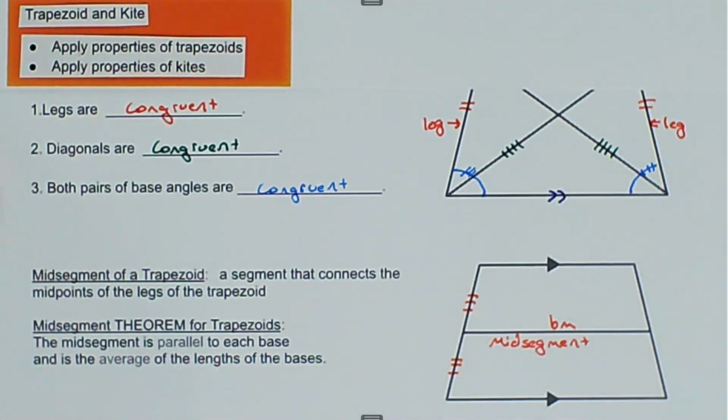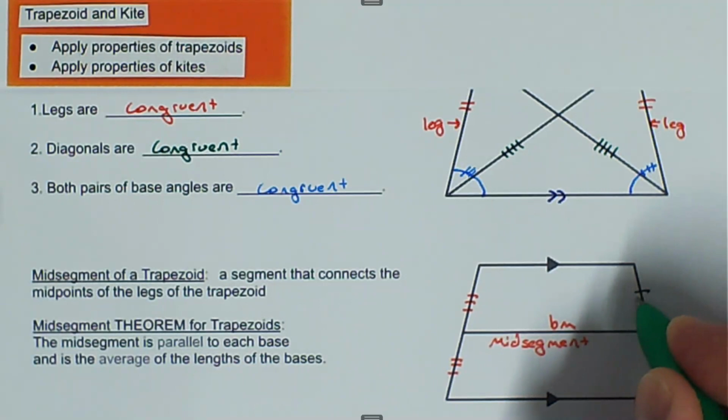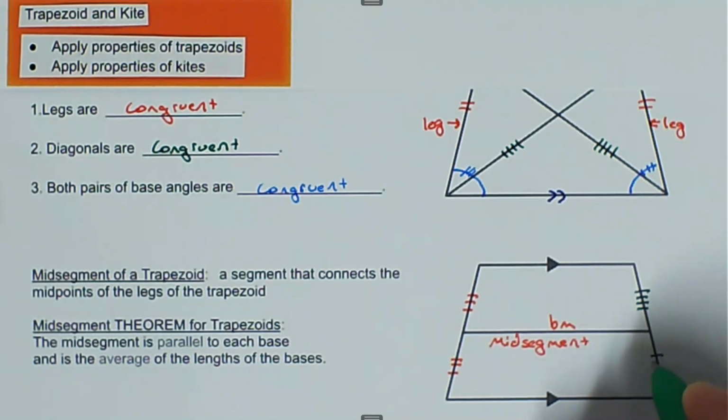The legs are not necessarily congruent, because this could also be just a regular trapezoid. So it's the mid-segment of this left side, and there are 3 congruent marks there, and I can put 4 congruent marks over here to show that that is the midpoint also.